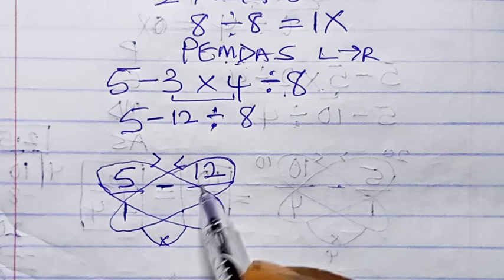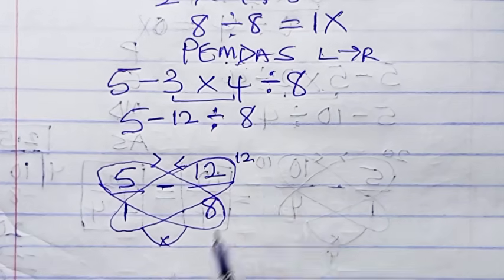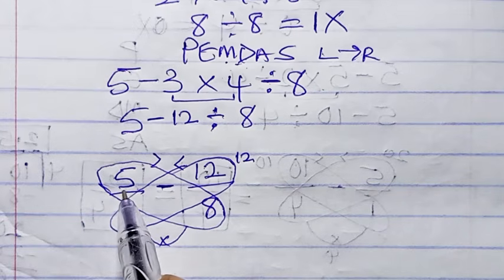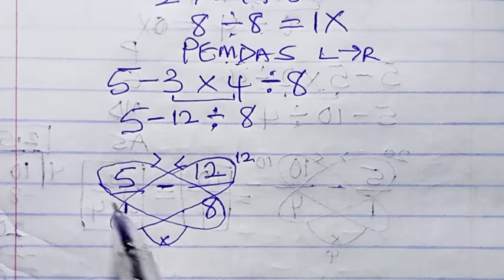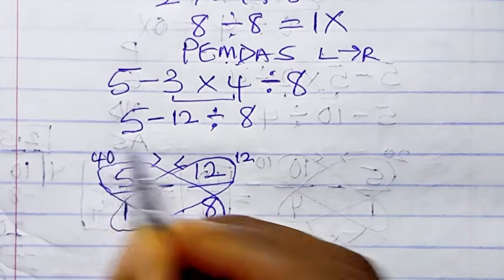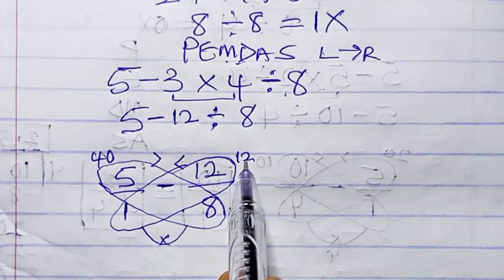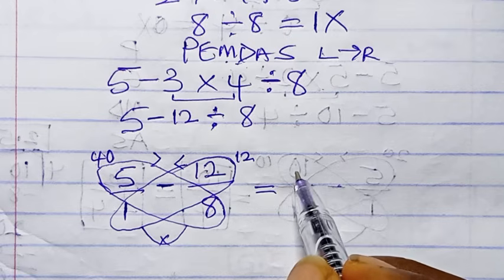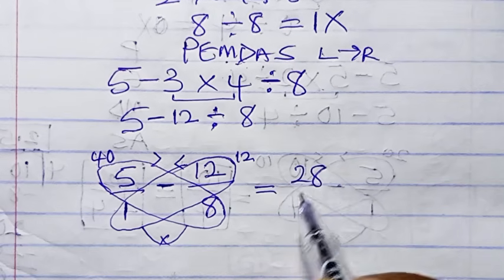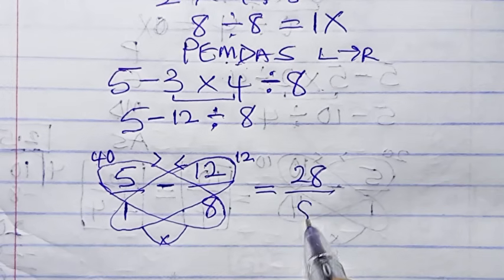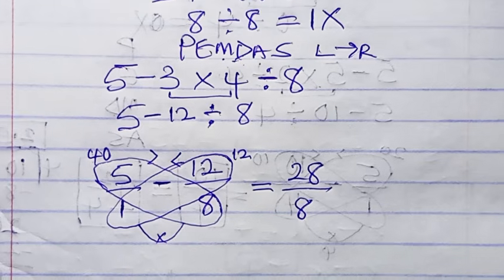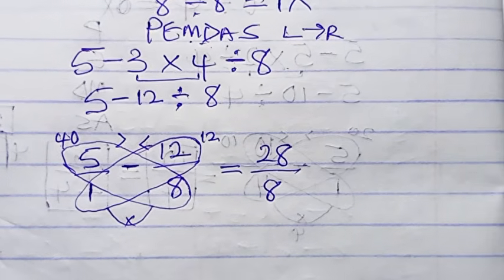So 1 times 12 is give us 12. 5 times 8 is going to give us what? 40, alright? Now, so we have 40 minus 12. 40 minus 12 will give us what? 28 over what? 8. So we have an answer ready.